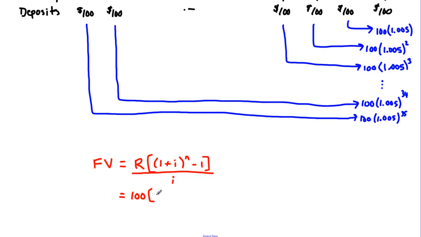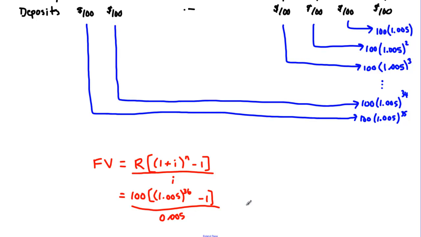Our interest rate was 0.005. N is the number of compounding periods, so that's 36. Subtract 1. And then divided by I, but not 1 plus I, just I. So 0.005.